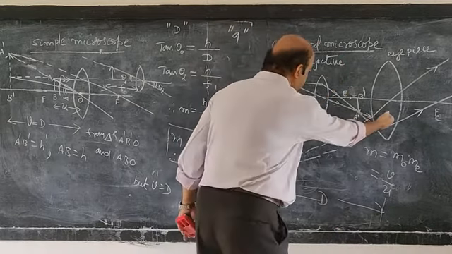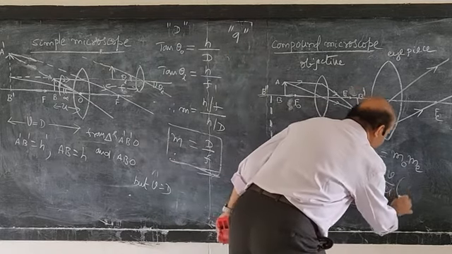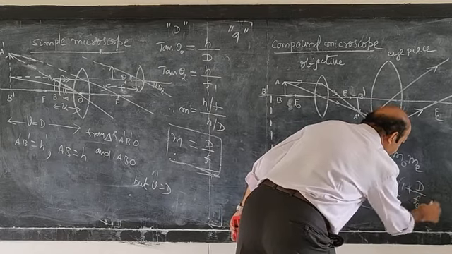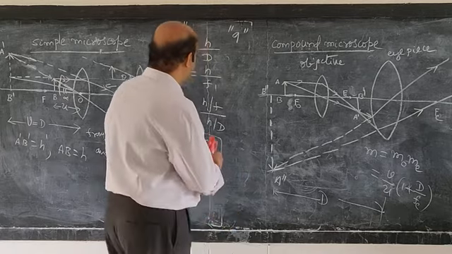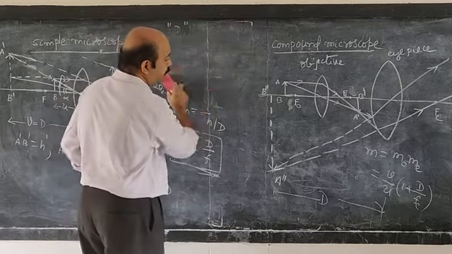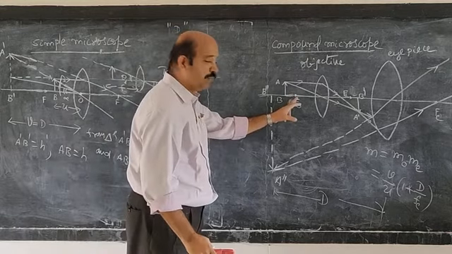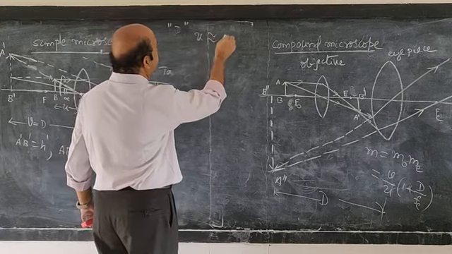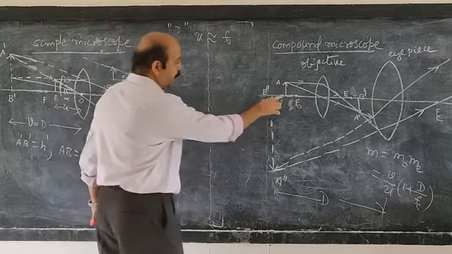And since it is forming the image at the least distance of distinct vision, you can write 1 plus D by F eyepiece. Here, if you observe, we are keeping the object very near to the focus. So therefore, you can take U as nearly equal to the focal length of the objective, very near.